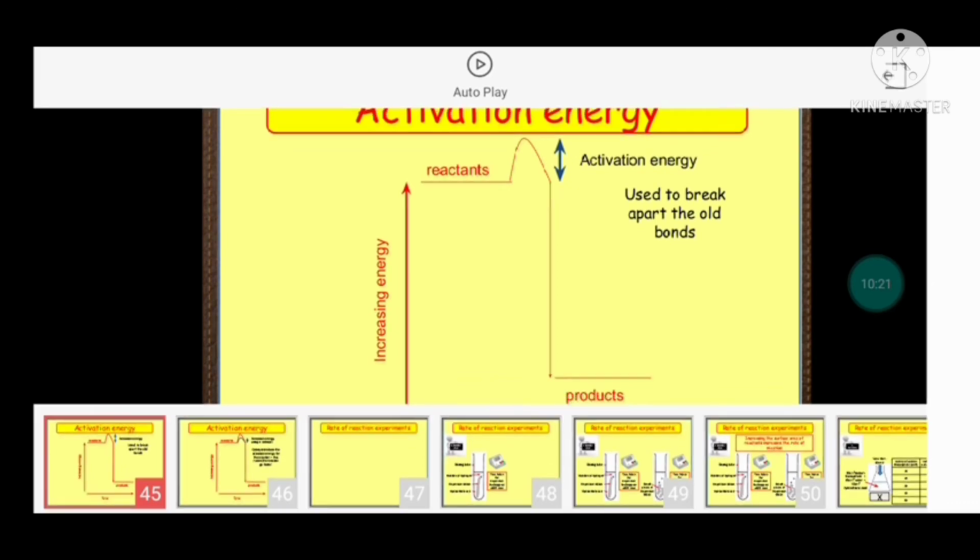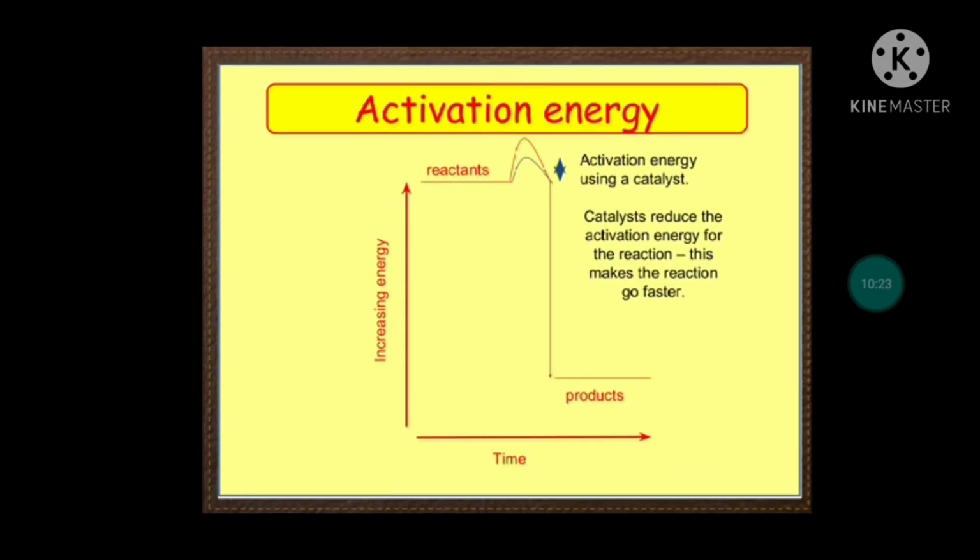Next, we have the blue one. When you use a catalyst, the activation energy gets decreased. So we can say that a catalyst reduces the activation energy, and this makes the reaction go faster.